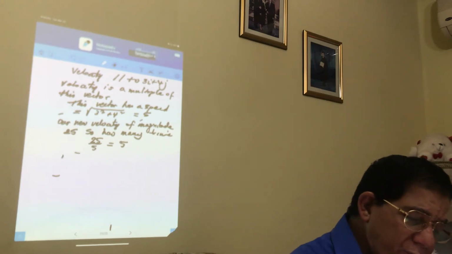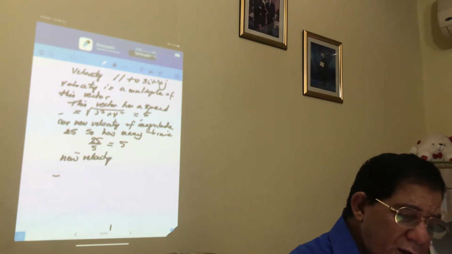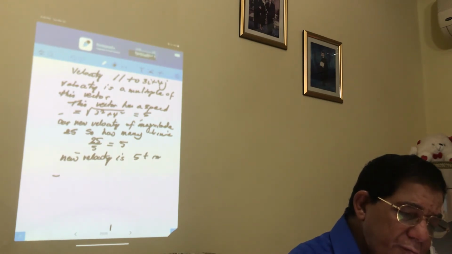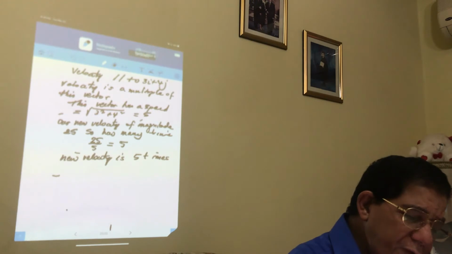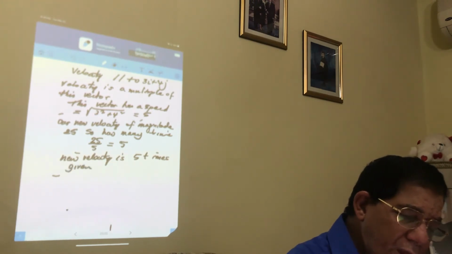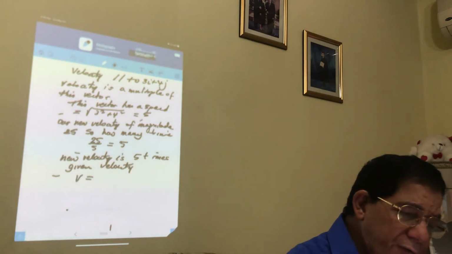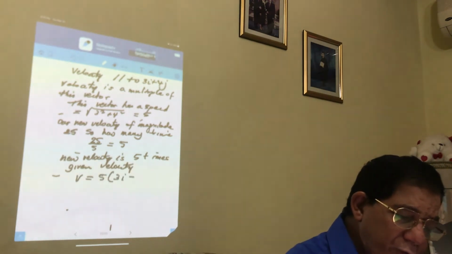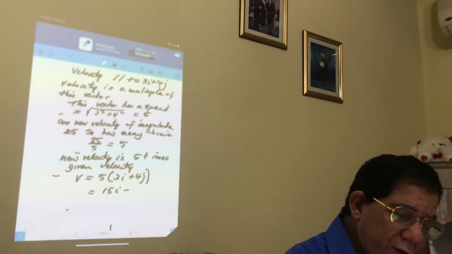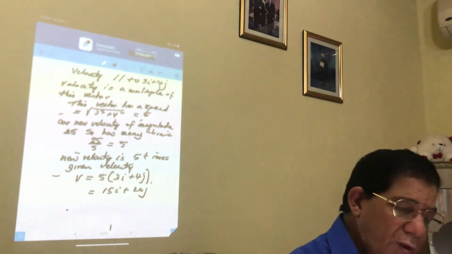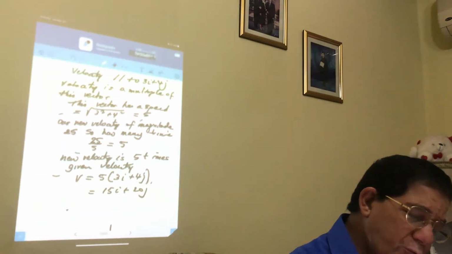Our new velocity is 5 times the given velocity. Therefore, v equals 5 times 3i plus 4j, which means 15i plus 20j. This is a very important question.